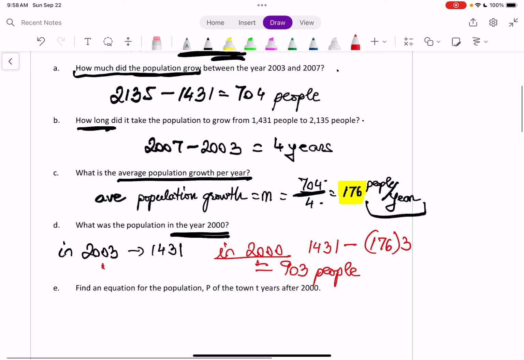Now it says find the equation for the population P of the town T years after 2000. So remember, we are dealing with a linear relationship, so therefore we need to come up with a linear equation.